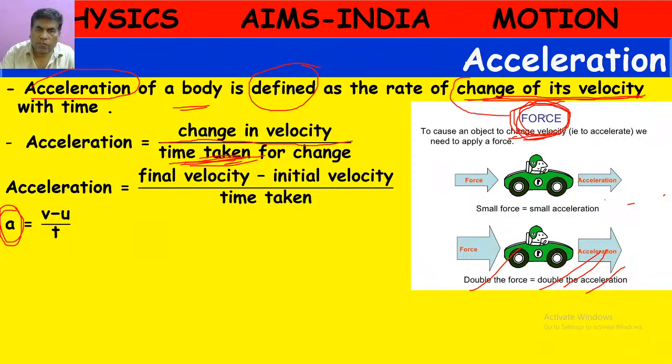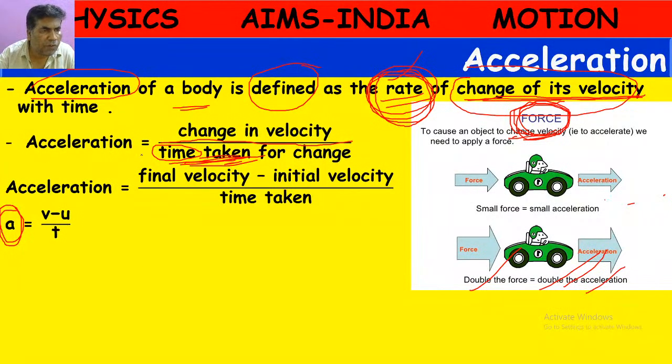So if we consider change of velocity with respect to time, then it is called rate of change of velocity. Here rate means related to time.